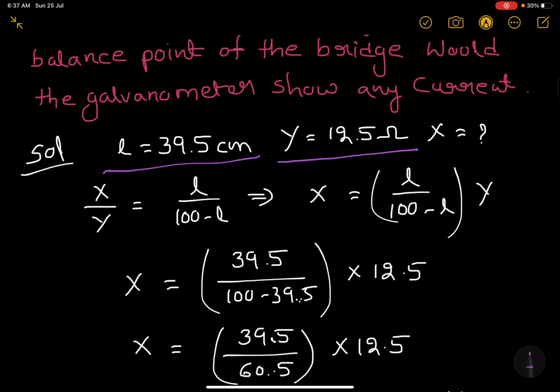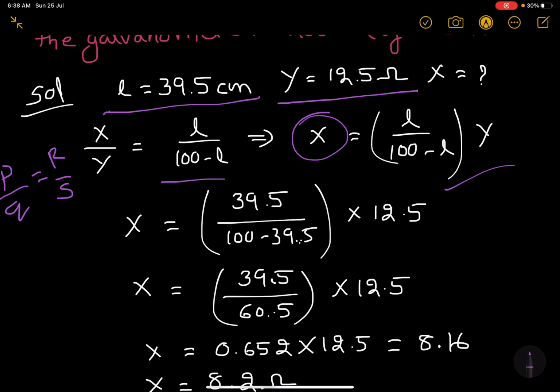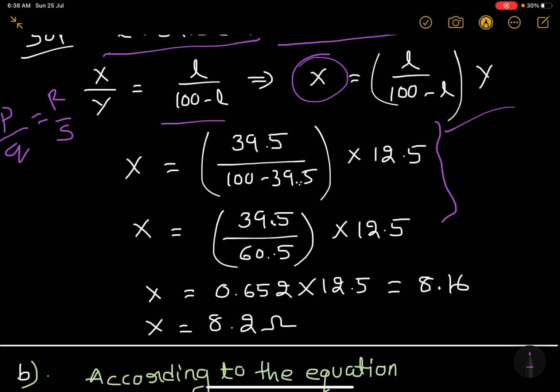Already we have the Wheatstone bridge formula, P by Q equal to R by S, like X by Y equal to L by 100 minus L. Simplifying, X equal to L by 100 minus L into Y. Substituting, X equal to 39.5 by 100 minus 39.5 into 12.5. With simple calculation you will get X equal to 8.2 ohms.